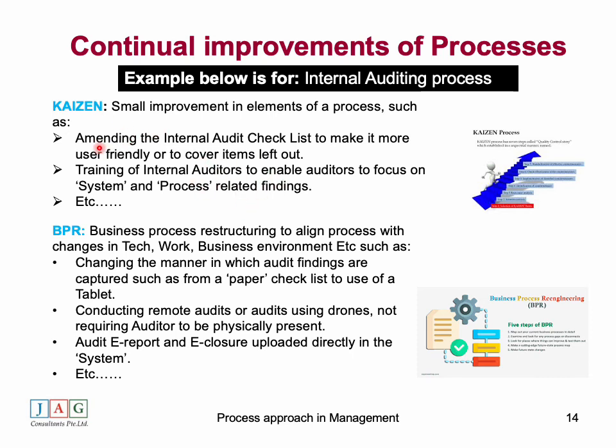Kaizen looks at small improvements such as amending the internal audit checklist to make it more user friendly or to cover items left out, or training of internal auditors to enable auditors to focus on system and process related findings, etc. BPR is to align processes with changes in technology, work, business environment, etc., such as changing the manner in which audit findings are captured, from a paper checklist to the use of a tablet, conducting remote audits or using drones not requiring the auditor to be physically present, audit e-report and e-closure uploaded directly in the system, etc. So these are structural changes in a process.